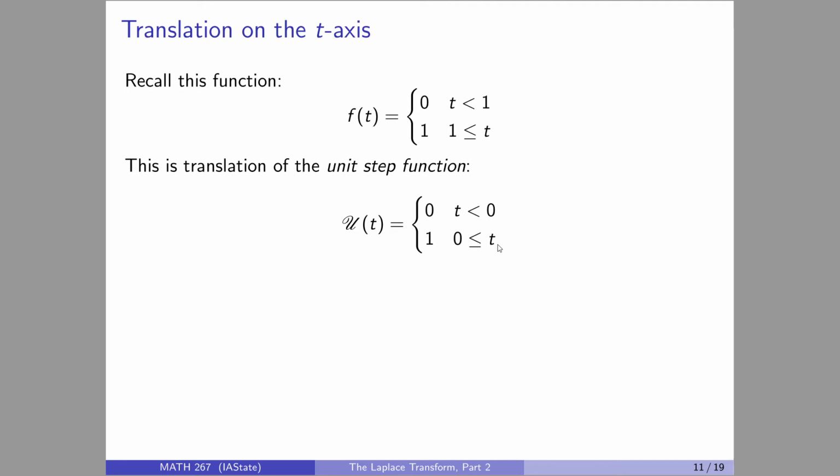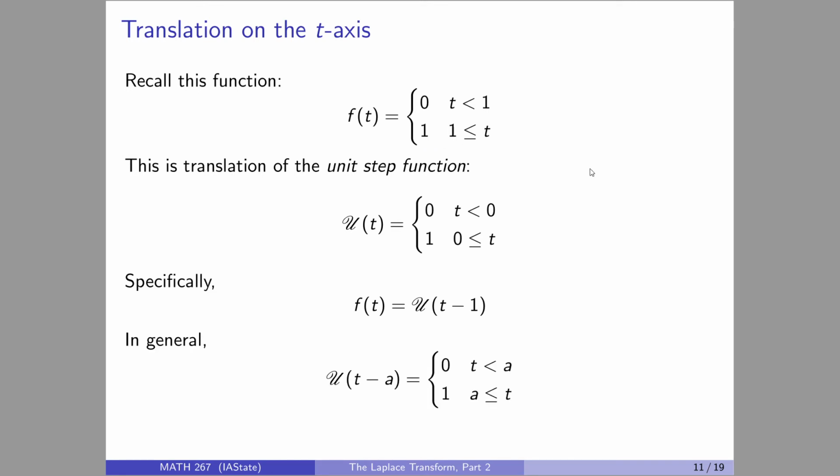It was actually his name, Oliver Heaviside, if I remember right. So the function that we start with here is a translation of the unit step function. Specifically, you shifted it so that the step, the activation point, happens at 1. And in general, if you wanted to activate for any a, this is what you would do.